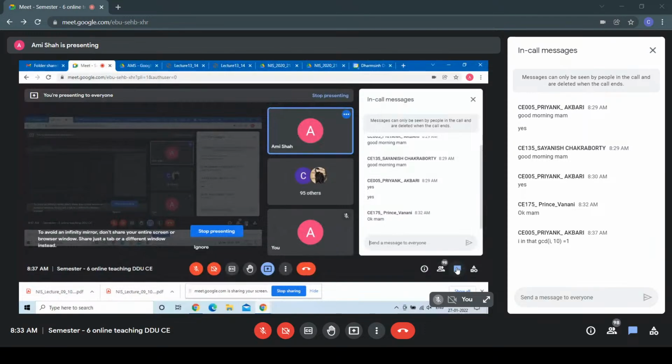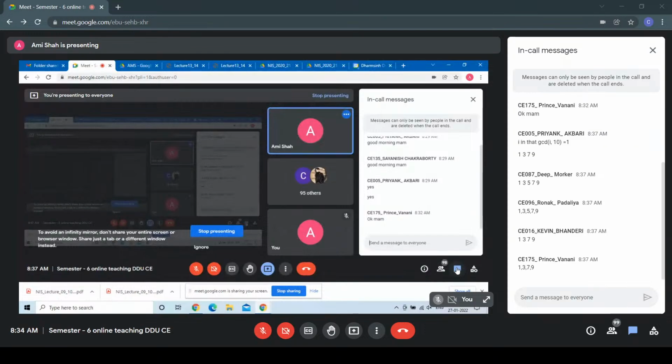Which elements are there, Priyank, in Z10 star? Please reply in the chat window, everyone. 1, 3, 7, 9. Yes, correct, everyone. Right?